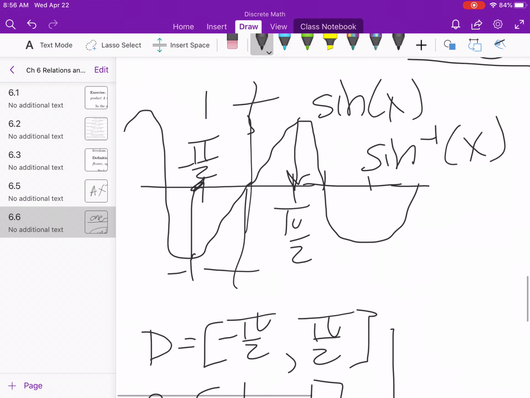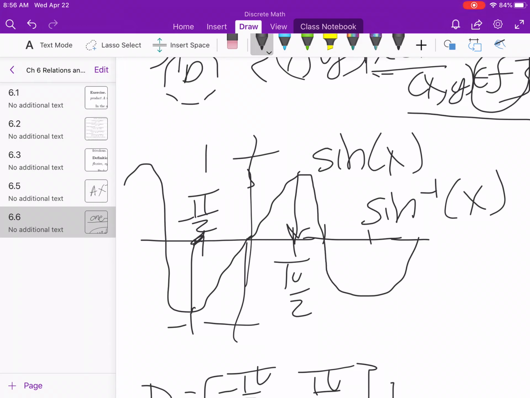Now, does it mean that pi over 2 is the answer for any possible 1? No, we have to be smart if we're looking for other potential values. Out here this gives us negative 1, and then 3 pi over 2 is also negative 1, and so on and so on.